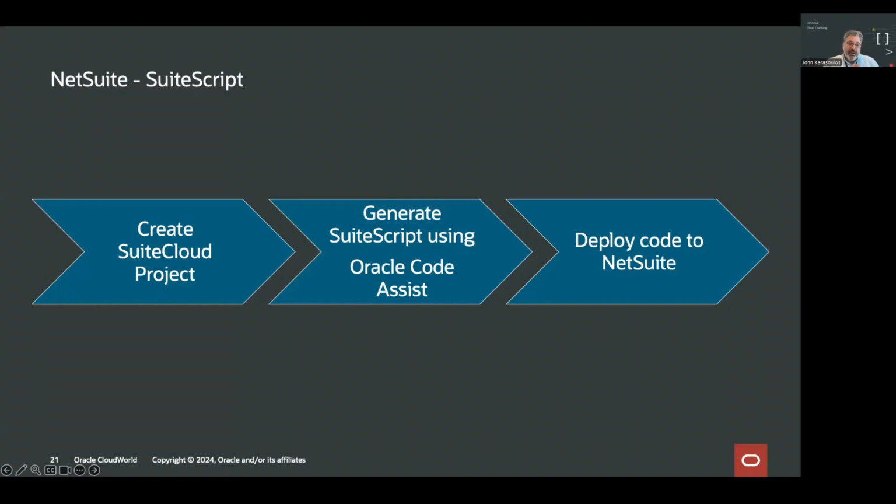For this example, let me show you how you can create a new project in SuiteCloud, generate the required SuiteScript for a specific use case using Oracle Code Assist inside your IDE, either Visual Studio Code or IntelliJ, and finally, what the outcome would be inside a NetSuite platform.